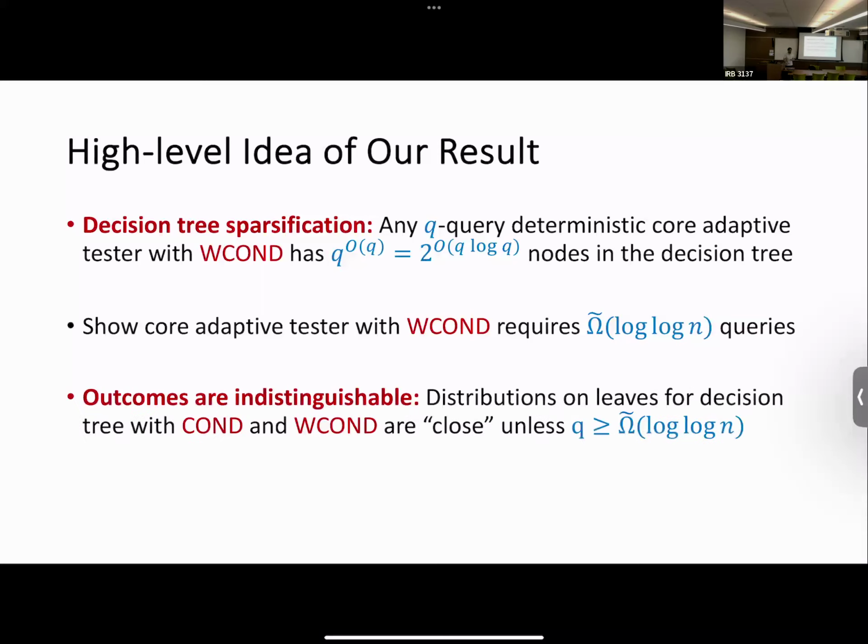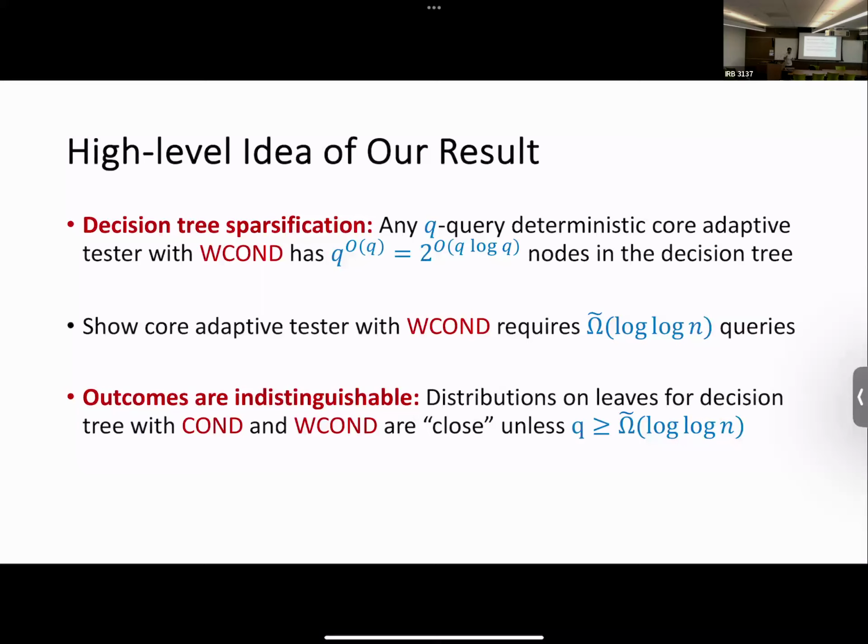And then the next step was that we show that for the equivalence testing problem, for whatever hard instance we construct, the outcomes of the testing algorithms using conditioning and weak conditioning will be basically indistinguishable, as long as your number of queries is below omega log n. So if they are indistinguishable, and suppose in the COND model we can get a better query algorithm, then in the weak COND model we can also get a better algorithm, which already contradicts that in weak COND we need omega log n.